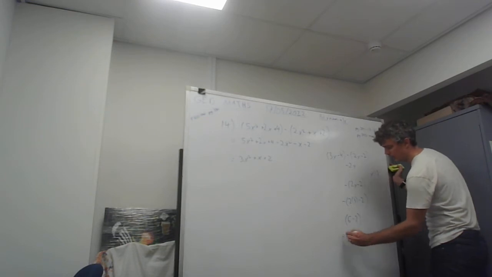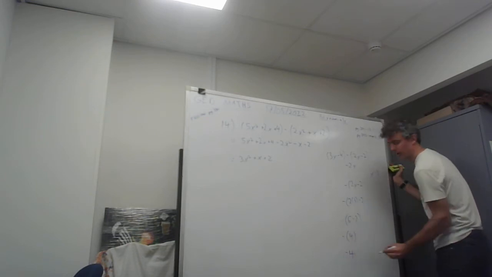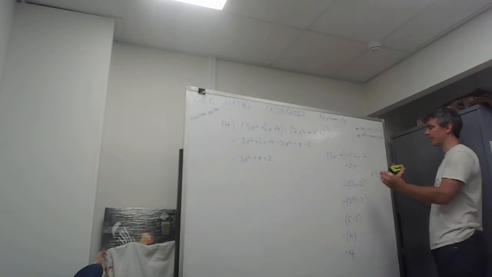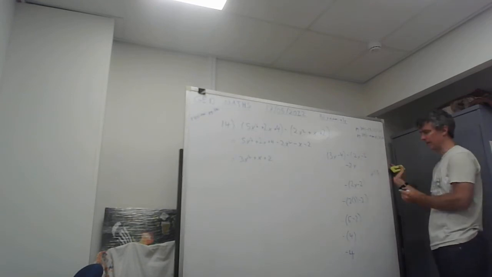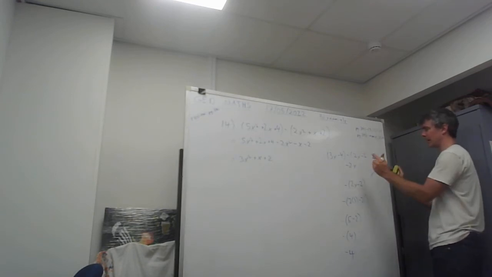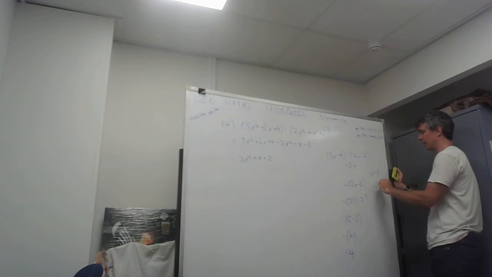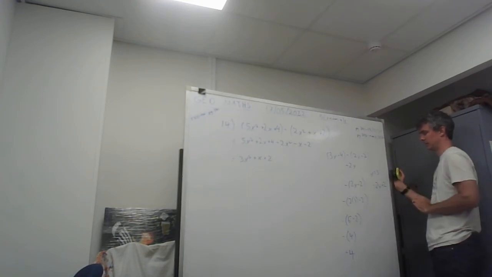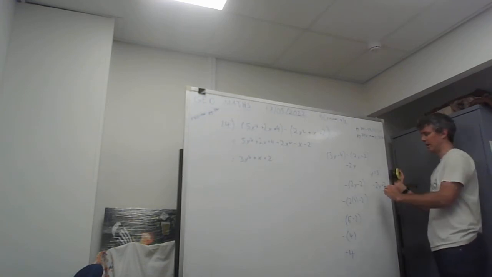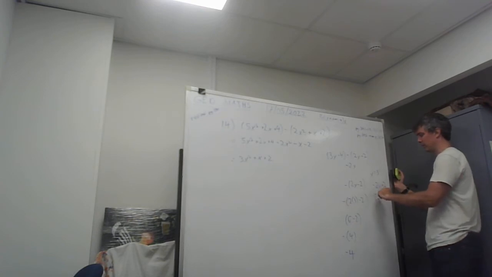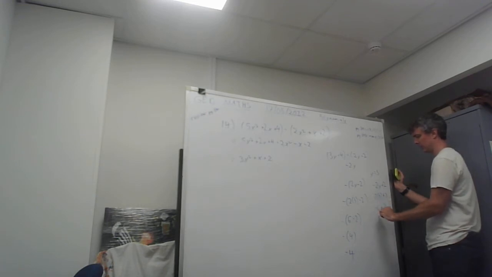Or if I multiply it through, it's like minus 2y plus 2. Then this becomes minus 2 times 3 plus 2, which is minus 6 plus 2, which is minus 4.